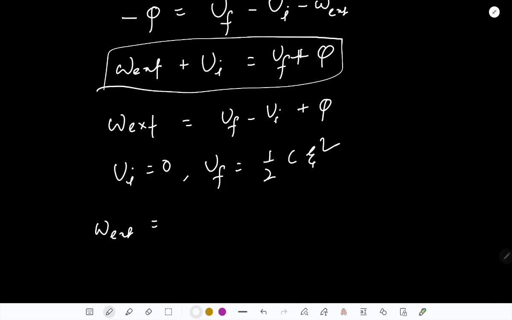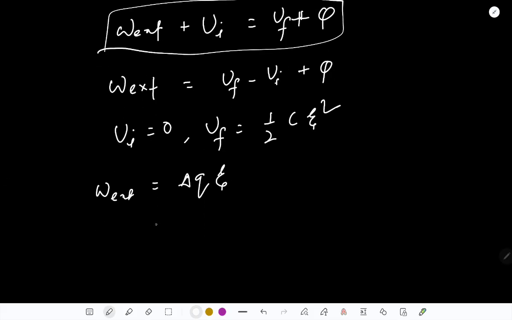This is simply the charge flown through the source in the positive direction, positive direction meaning negative terminal to positive terminal, multiplied by the EMF of the voltage source, and this is the work done by the external agent.